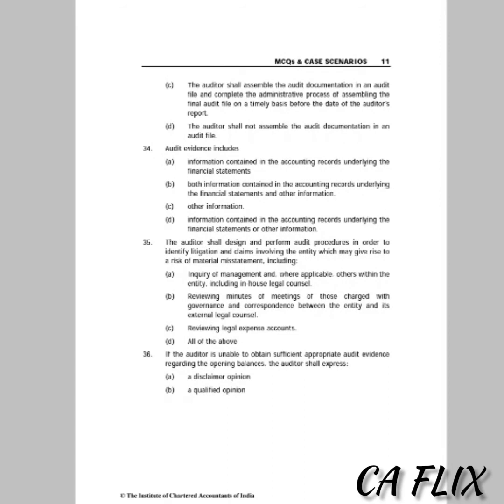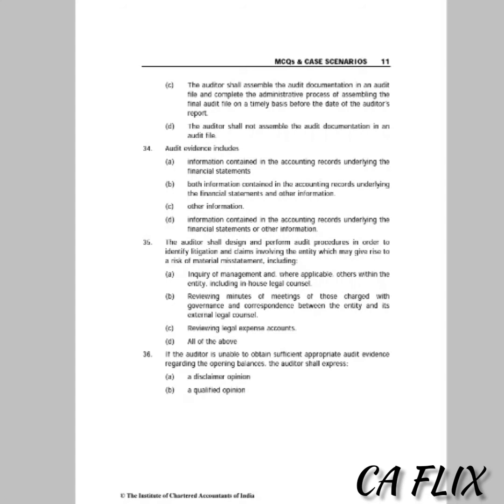Question 34. Audit evidence includes option A. Information contained in accounting records underlying the financial statement. Option B. Both information contained in accounting records underlying the financial statement and other information. Option C. Other information.